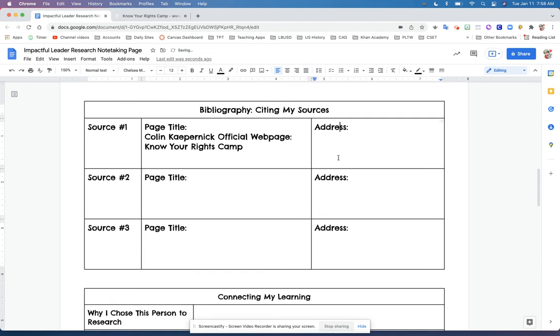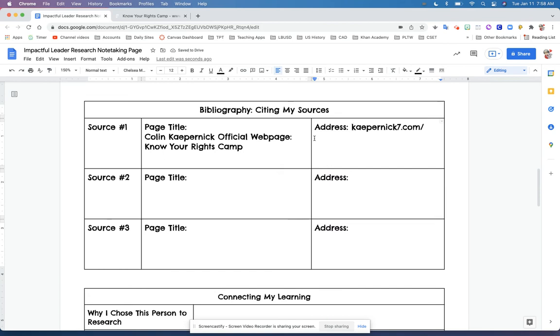And then where it says web address, I'm just going to put what I've pasted here, okay? So again, I don't have to do the entire thing, just up to the .com. In fact, I don't even need to include this piece right here. I can not include that because that's not important either.